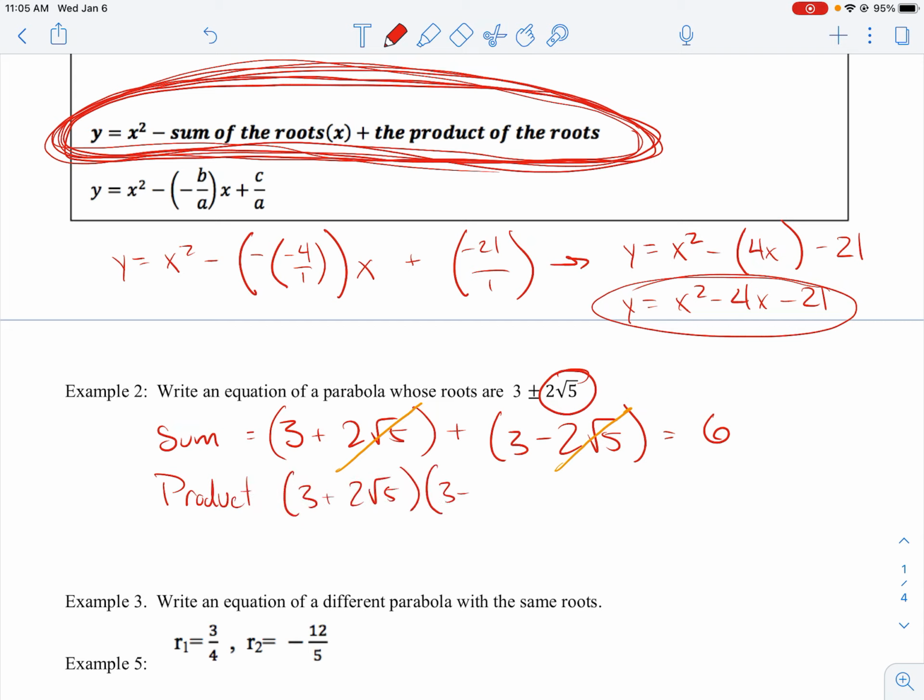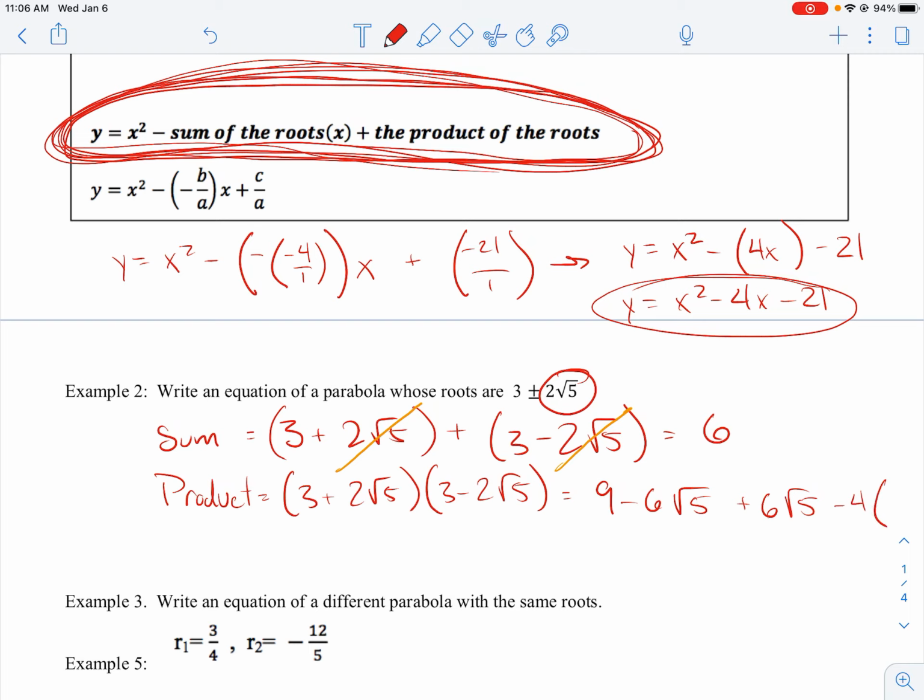Again, okay, this is kind of like our difference of two squares, right? So our first number is going to be 9, okay? Those middle terms are going to cancel, right? We would have 6, minus 6 square root 5 plus 6 square root 5, and then finally we'd get 2 times a negative 2, which is a negative 4.